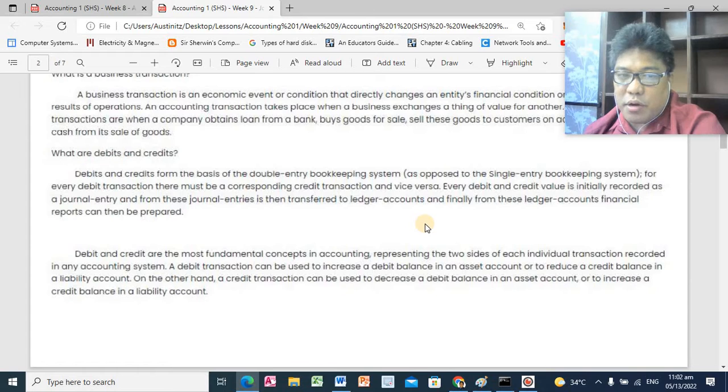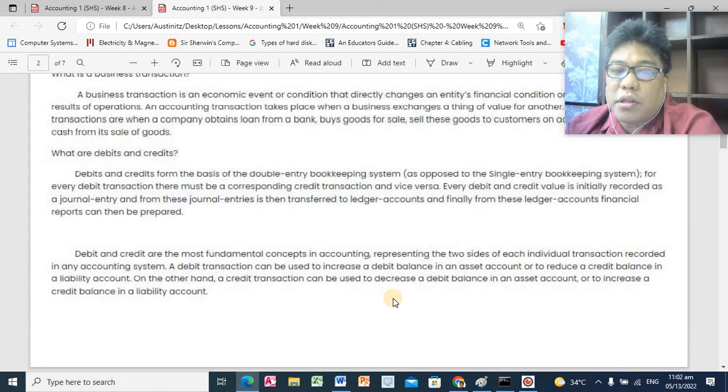Normal balance for assets are debits. Normal balance for liability or owner's equity are credits. Debit and credit are the most fundamental concepts in accounting, representing the two sides of each individual transaction recorded in any accounting system.